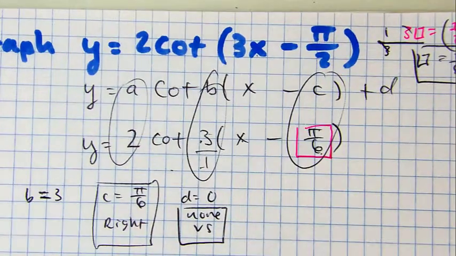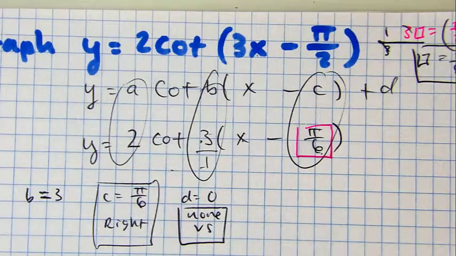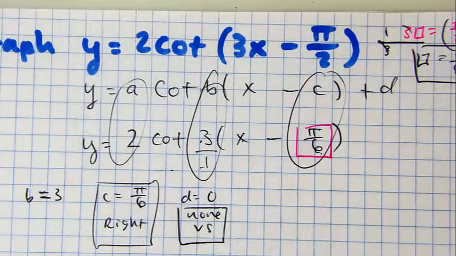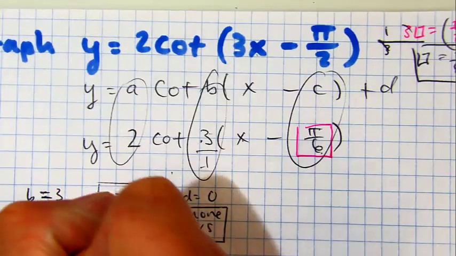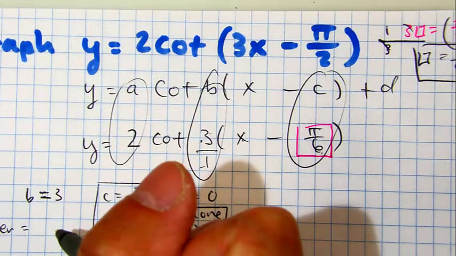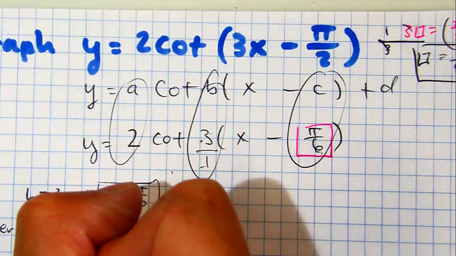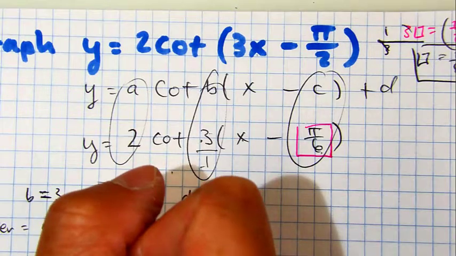Partner A, tell partner B the formula for cotangent for the period. Vita? Echo?